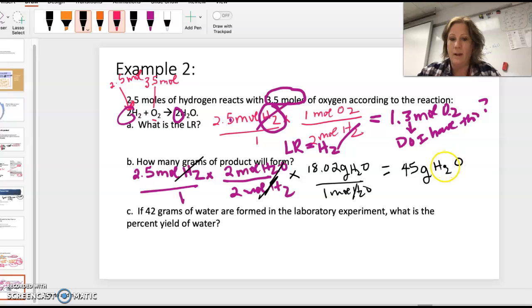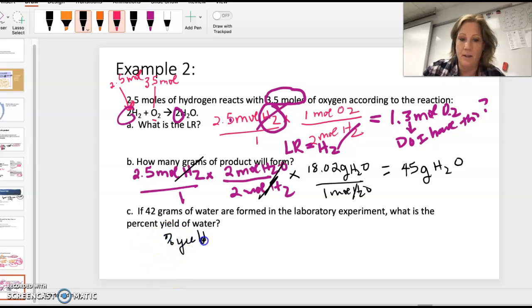So that would be theoretically, like if I start with 2.5 moles, in theory, I should get 45 grams of water. But here in part C, what if 42 grams are really what we got in the lab when we measured? Then what would the percent yield be? So remember, percent yield is what we really get actually in the lab over the theoretical, which is the stoich, and then times 100.